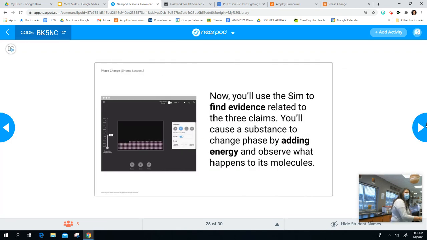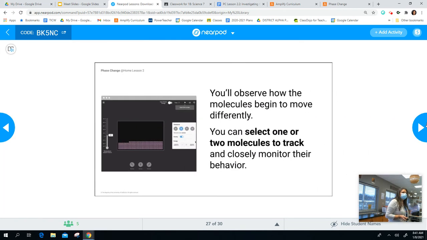You'll now use the sim to find evidence related to the 3 claims. You'll cause a substance to change phase by adding energy and observing what happens to its molecules. You'll observe how the molecules begin to move differently. You can select 1 or 2 molecules to track and closely monitor their behavior.